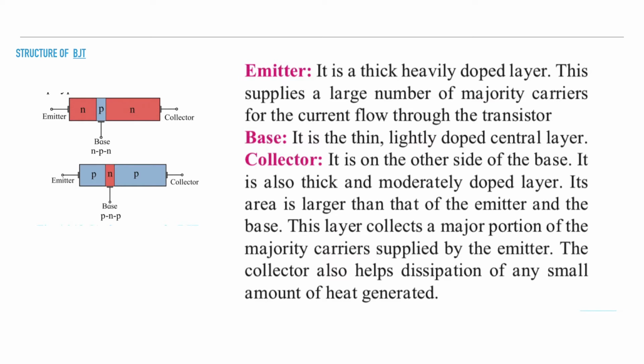Similarly, for a PNP transistor, an n-type semiconductor layer separates two layers of the p-type semiconductor. It is obtained by growing a thin layer of an n-type semiconductor in between two relatively thick layers of a p-type semiconductor. The three layers of the transistor are emitter, base, and collector.